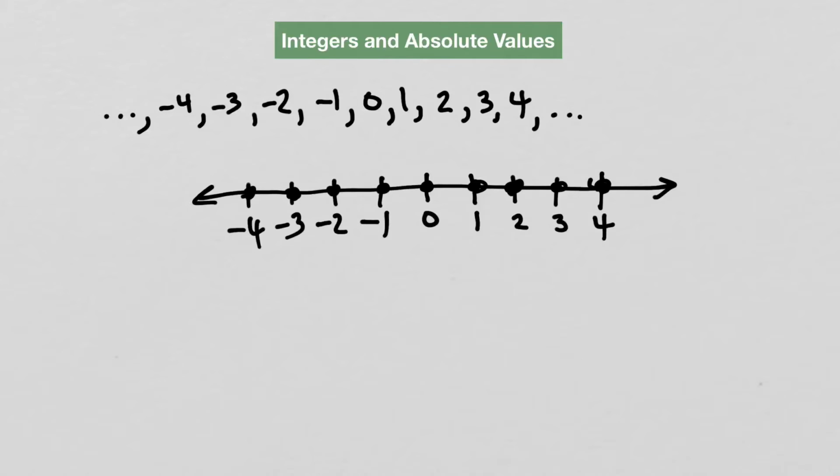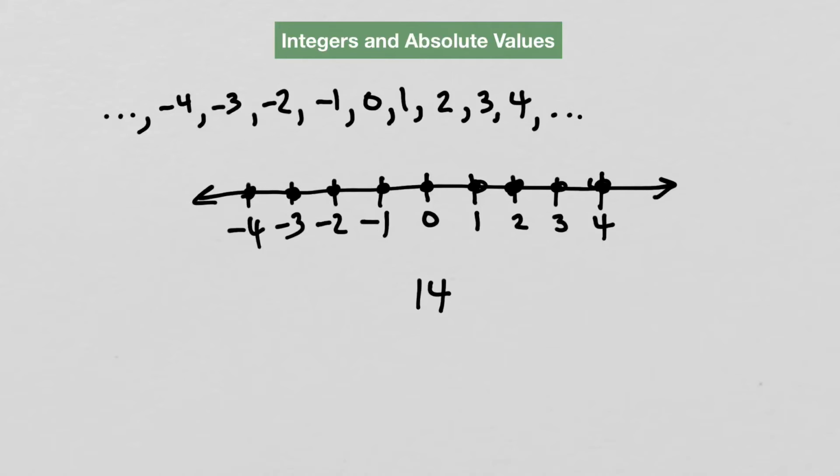So how does this apply to a real-life situation? Let's say, for example, you are on the first floor of your house and you're going to go up 14 steps to get to the second floor. Going up the 14 steps represents the integer 14.